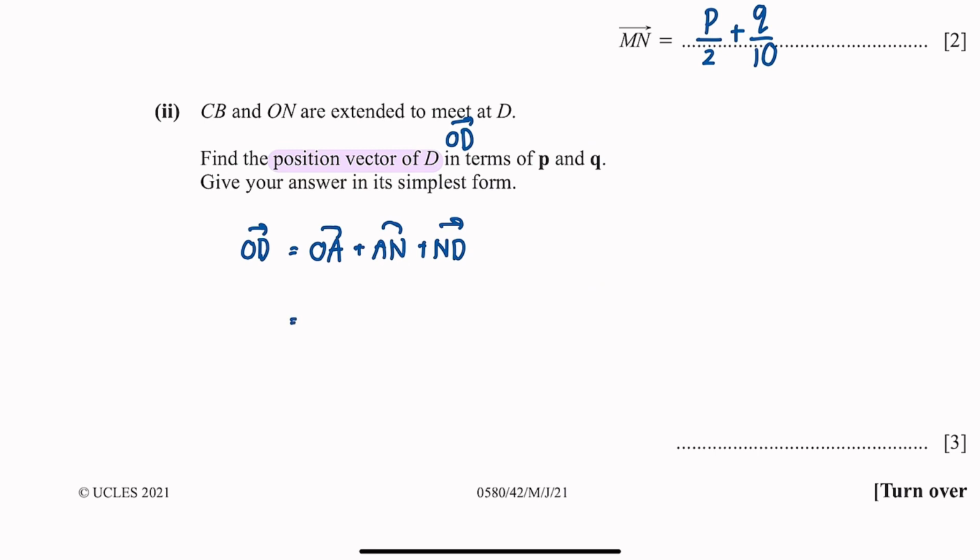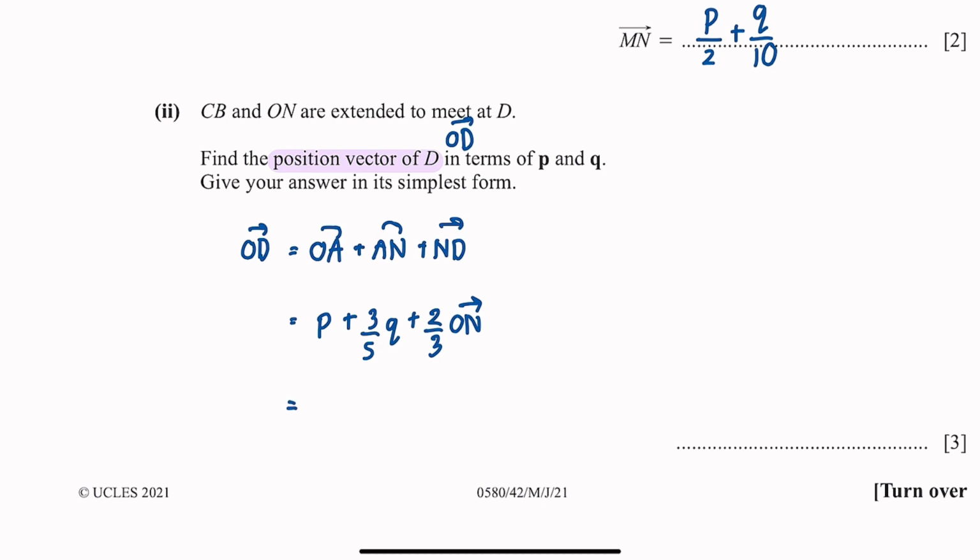And therefore you get OA is equal to P, and AN is equal to 2 over 5 of Q, and ND is equal to 2 over 3 of ON.